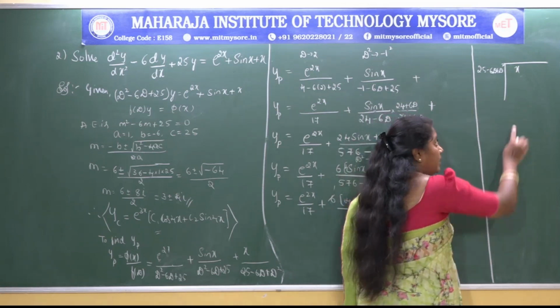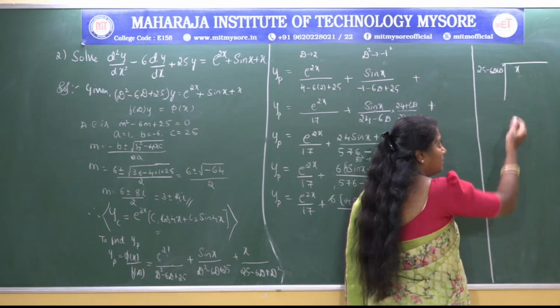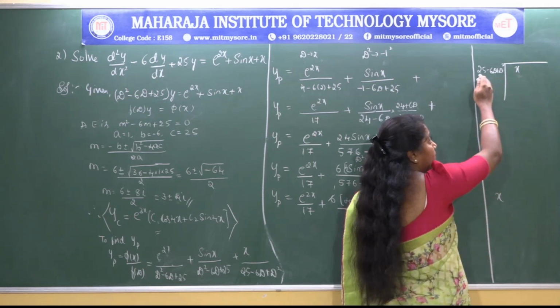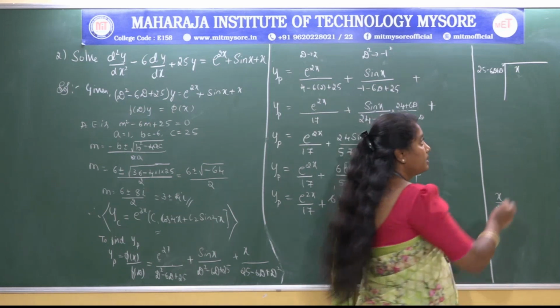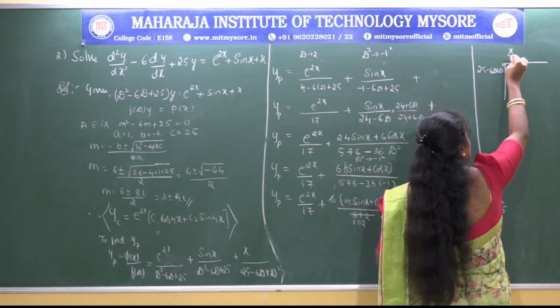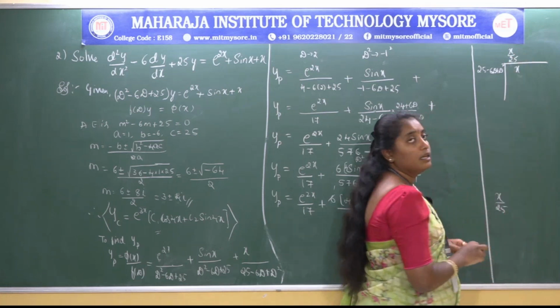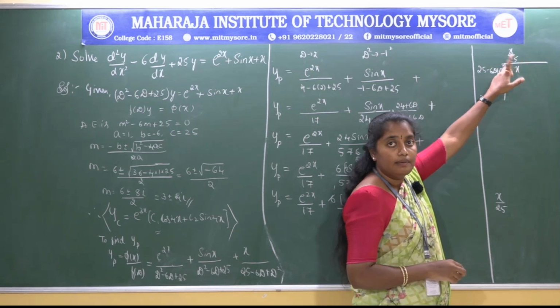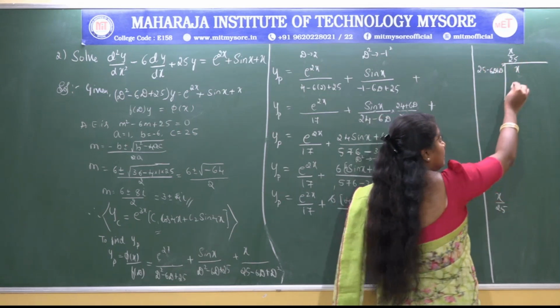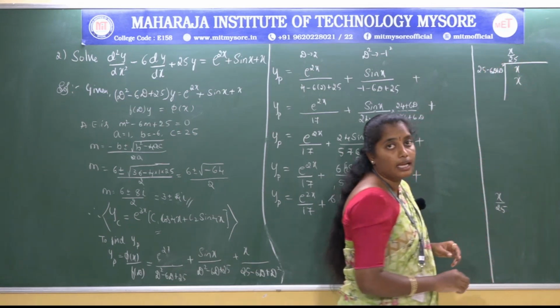For that, divide the first term, that is the only element, by the first divisor, that is 25. So the first element is x divided by 25. Simplifying that, 25 into x by 25, the 25s get cancelled, the remaining element is x.